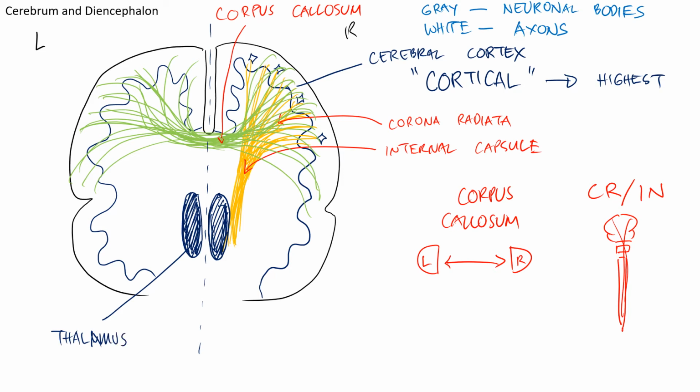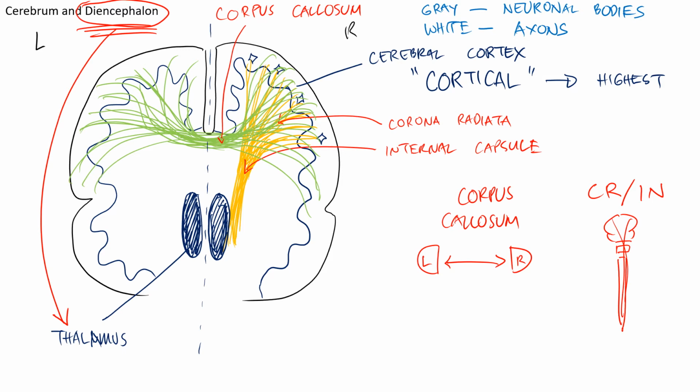Basically, it's a collection of nuclei. If you've seen the video on the thalamic nuclei, you would see that it's composed of 50 or more smaller nuclei, each with its own specific task. So it's very complicated. Now, once you're talking about the diencephalon, all you have to think about is the thalamus. So all thalamic nuclei are part of your diencephalon.